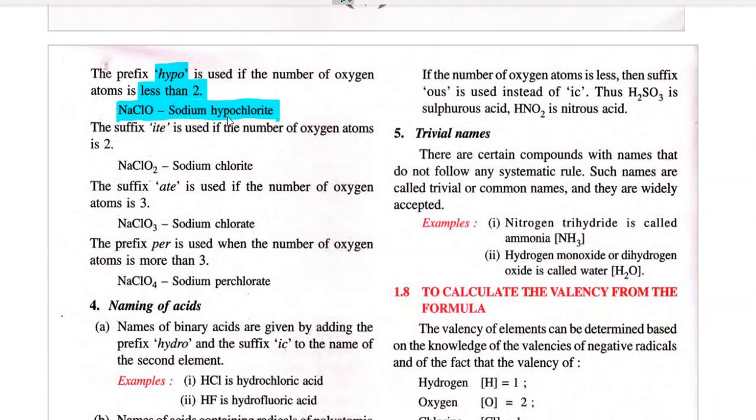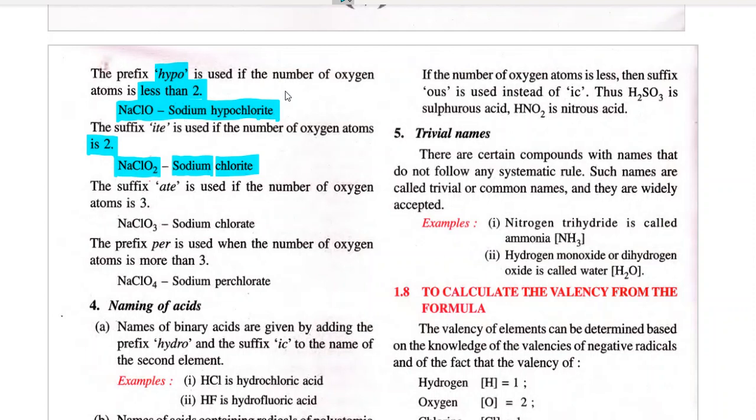So sodium hypochlorite. The suffix ITE is used if the number of oxygen atoms is exactly 2. So NaClO2, sodium chlorite, no hypo, no prefix is required. You just add the suffix ITE, not IDE. Okay, here also the suffix was ITE.